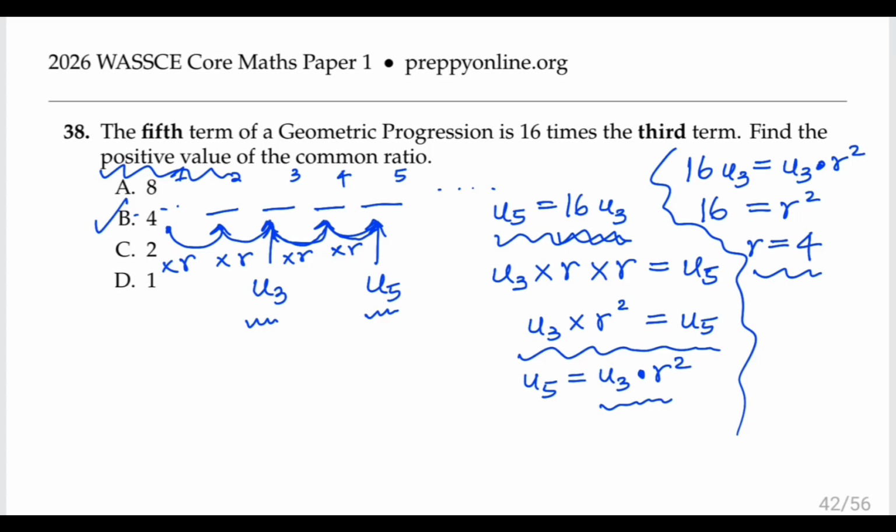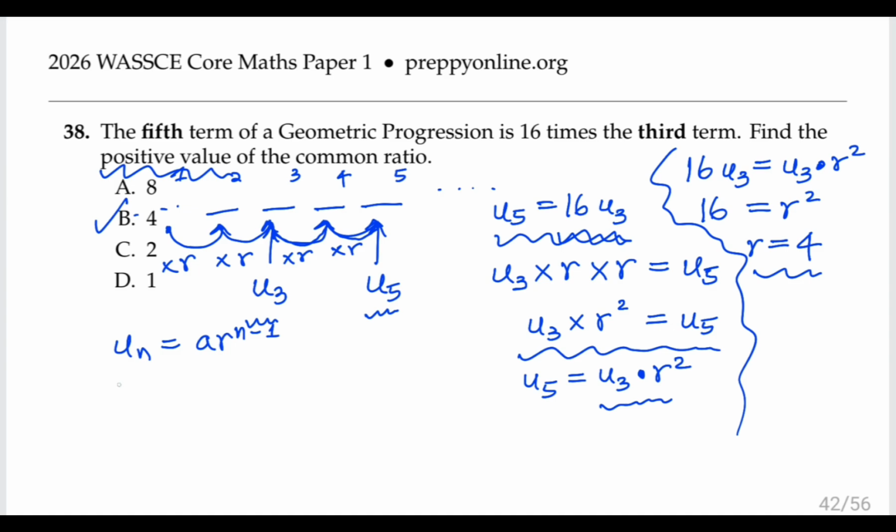Yes, there are other ways to think about this. In general, the nth term of a geometric progression is written as ar to the power n minus 1, where a is the first term and r is the common ratio.